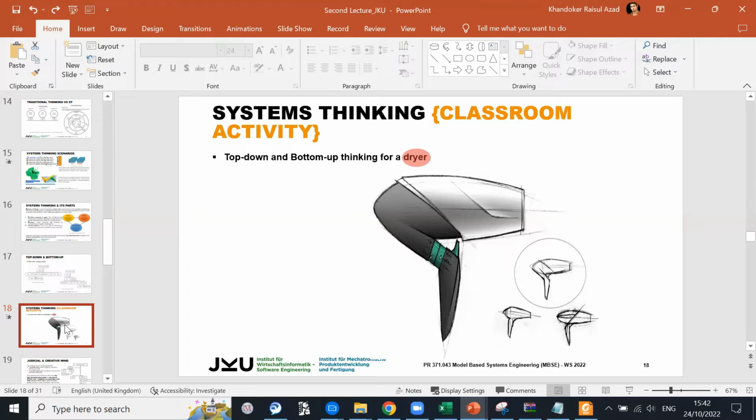Maybe you can combine this one, but I don't know. We can write it separately. Controller. Anything? We need a motor, because without a motor you cannot really suck in the air, and you need a fan. So motor plus fan.